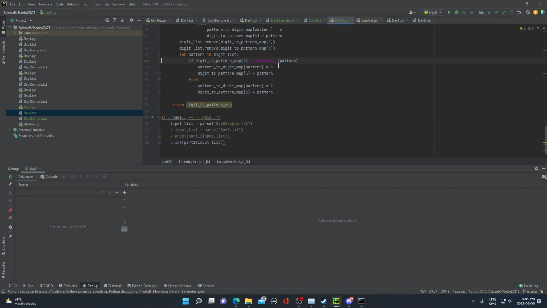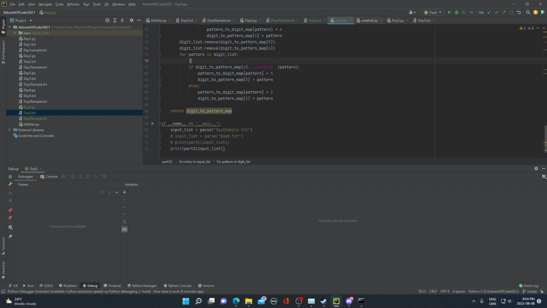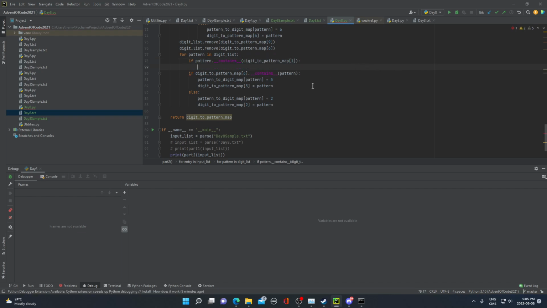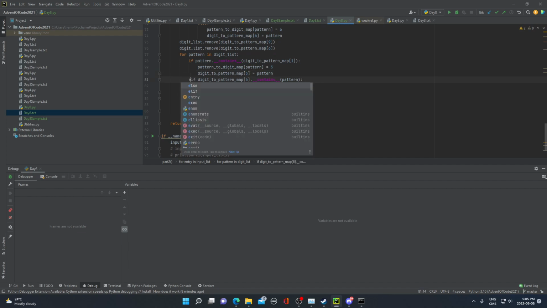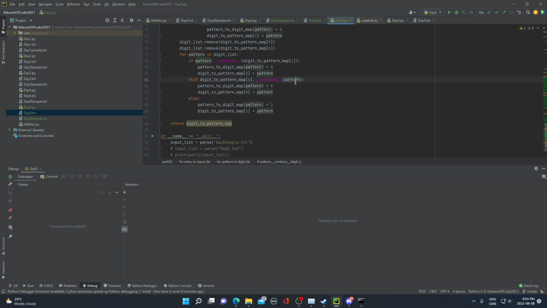Then here we can check if it contains 1, else if it contains 6, it's 5, and it's 2. Maybe this will work.